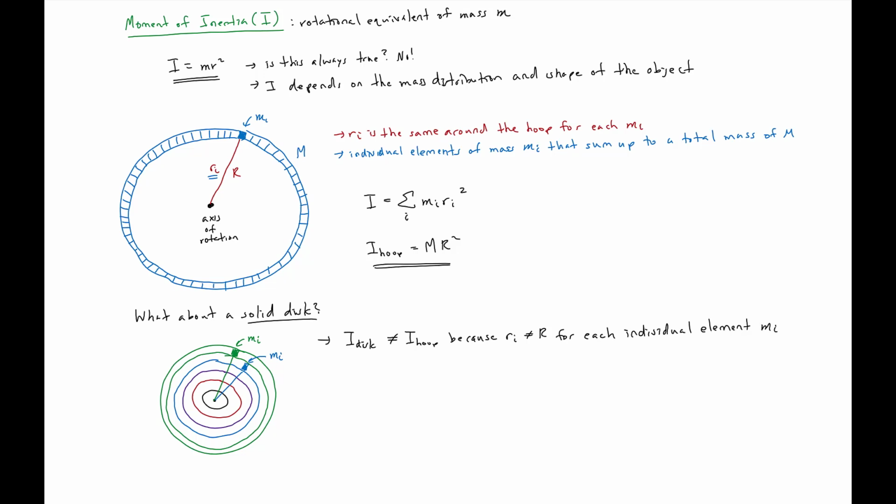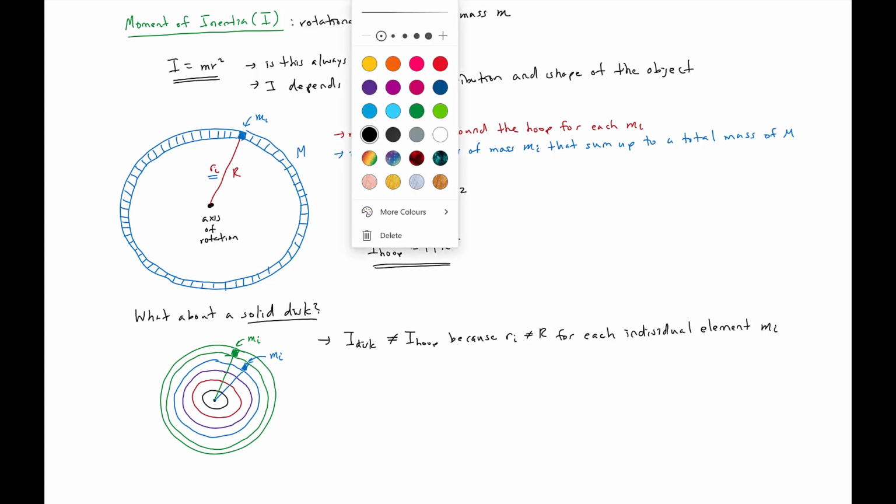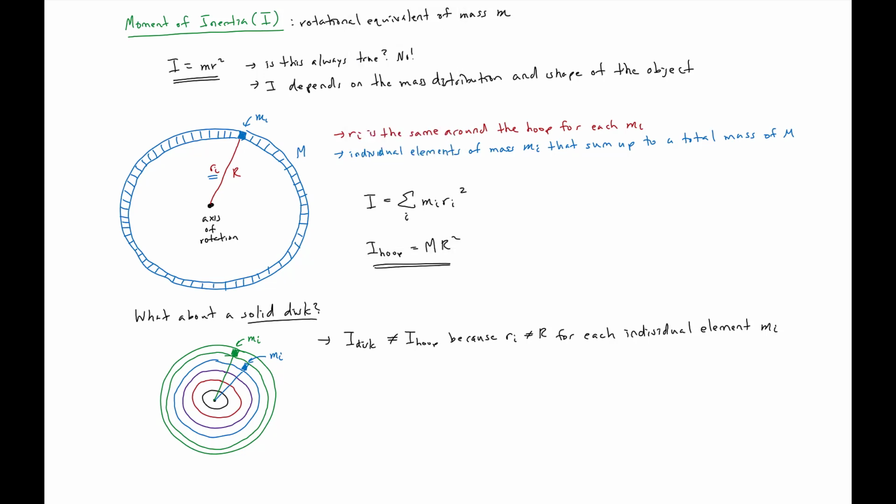The elements at the outermost ring of the solid disk will have Ri equals capital R, but the elements within the solid disk will have a value of Ri that's less than the radius, down to the central element here, where R is equal to 0.